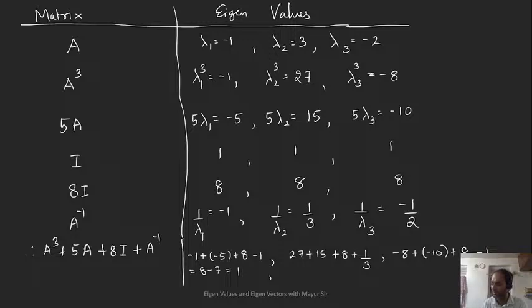So you get 151 by 3. Don't get scared by any fraction. That number can be anything. And then here it is -10 minus half, that is -21 by 2.